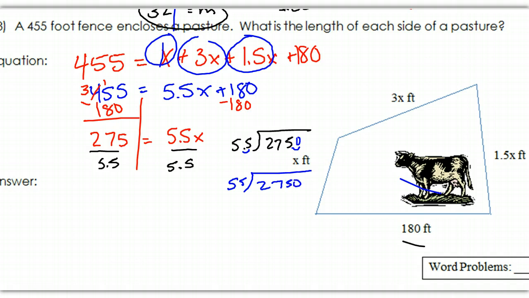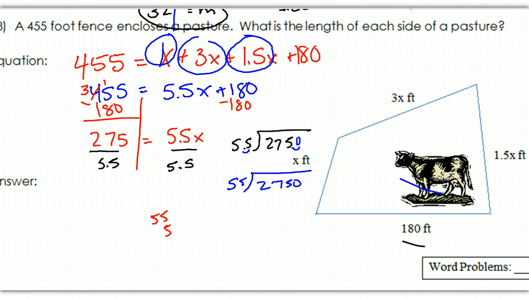Well, if we do 55 times 10, that'd be 550, which is almost double 275, or close to that, just kind of estimating. So why don't we cut that in half? Why don't we try 5?